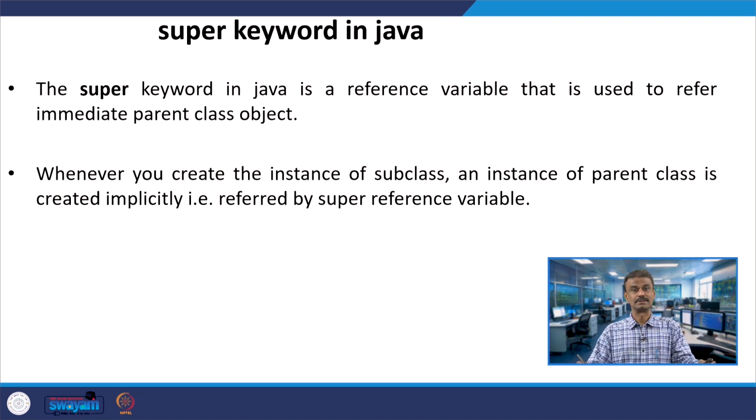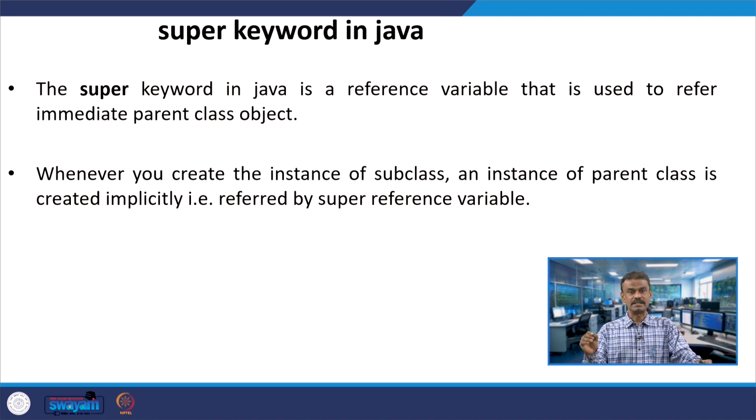Sooner or later we are going to talk about multi-level, and then we will see several examples. So, the super keyword is a reference variable that is used to refer to the immediate parent class object, super.speed.